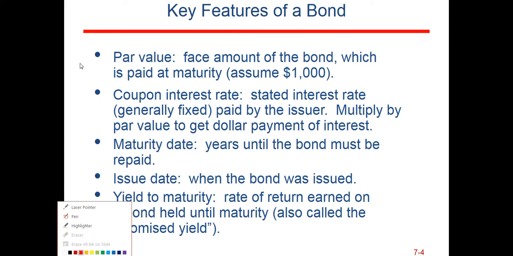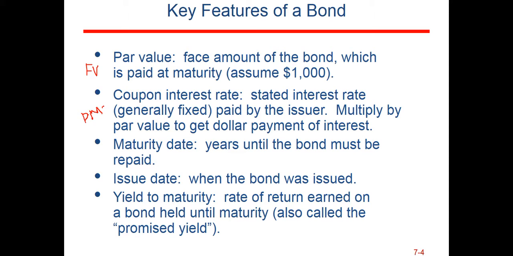So let's write these again from chapter 5 perspective. This is future value. This is going to calculate your PMT if there are regular payments, and your maturity date and issue date is going to give you N together.